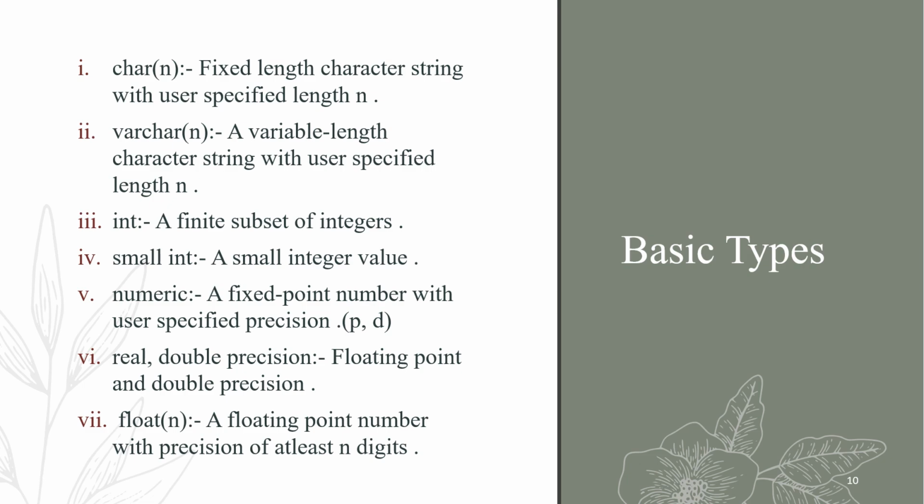Int is a finite subset of integers. Smallint is a small integer value. Numeric is a fixed-point number with user-specified precision. Real and double precision are floating point and double-precision floating point numbers. Float is a number with precision of at least n digits. These are the basic types.